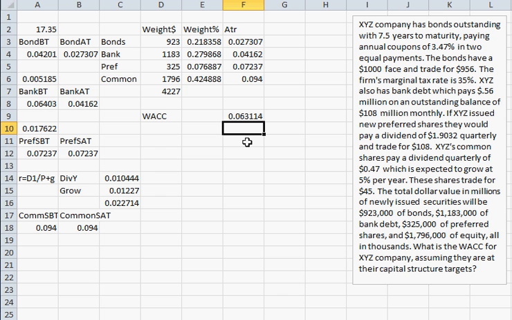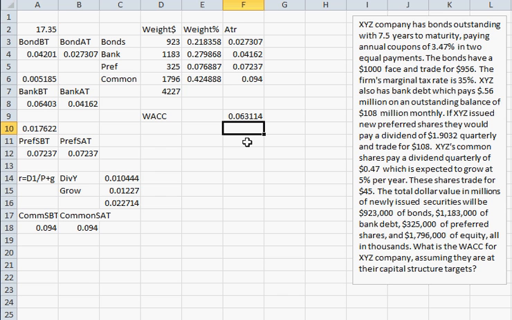That means on average, the average cost to raise financing is 6.3%. And that means if you were to raise, say, $1 million, or in this case, $4.2 million, you would pay 6% of that every year as a financing cost to various sources.